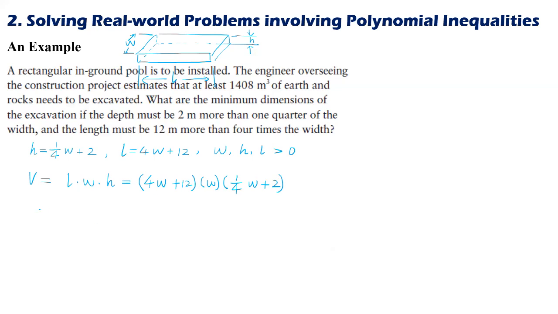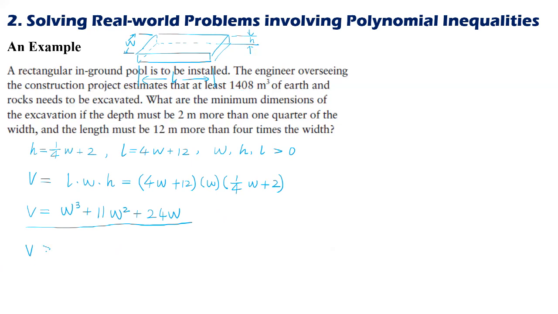And then we can simplify this expression, which will get you W cubed plus 11W squared plus 24W, right? So the requirement is that the total volume must be at least 1408.